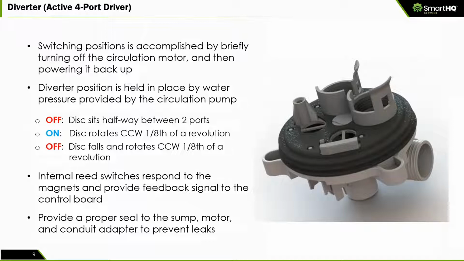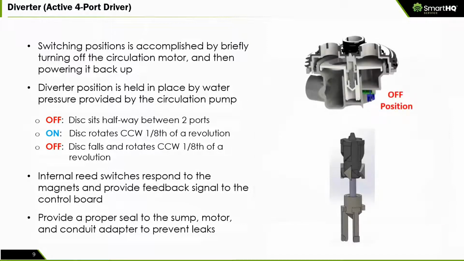The diverter position is going to be held in place by the water pressure provided by the circulation pump. If we were to slice this in half and look inside, we can see that that disc right there is sitting halfway between 2 ports. So right now the circulation pump would be in the off position.